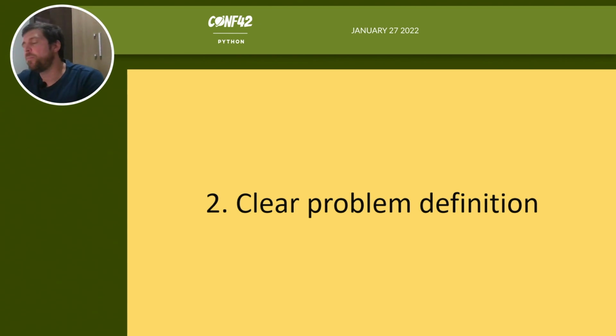The second point that we are always aiming for is to have a clear problem definition. We noticed that many times the students start trying to solve certain problems, trying to program, without even having understood all that needs to be done.